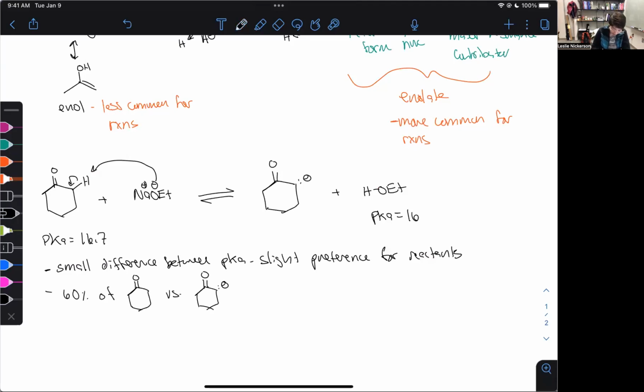Okay, so I am kind of making up those numbers a little bit, but I just want to show you that we're a little bit more on the reactant side, but we're still forming some enolate, and we have both present in the solution at the same time. Okay, so that's an ish estimate. But we want to keep in mind both the ketone and enolate are present in the reaction at the same time.